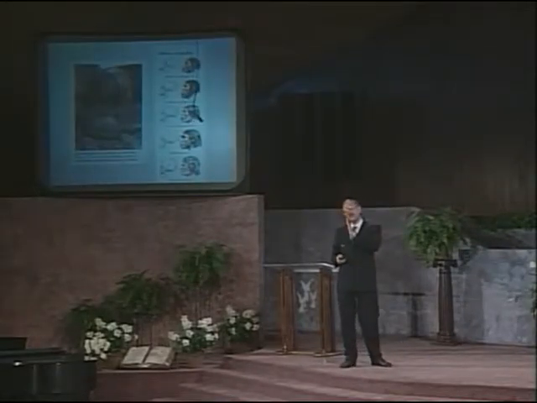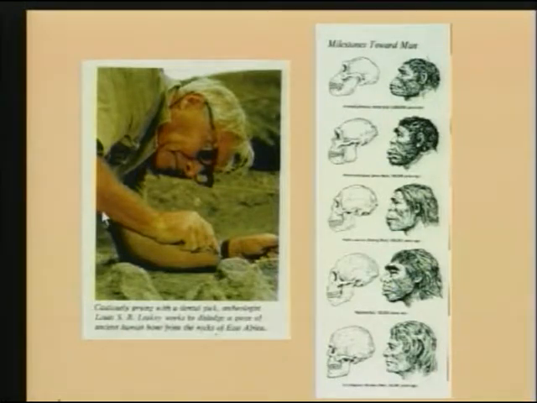Now let's have a look at what the various groups say. This is Louis Leakey over here. He's of course dead now, but his whole protege are the ones that are carrying on with this work. Their ancestor is this one over there. Australopithecus is the one. Australopithecus, pithecus means ape. So this is an ape.